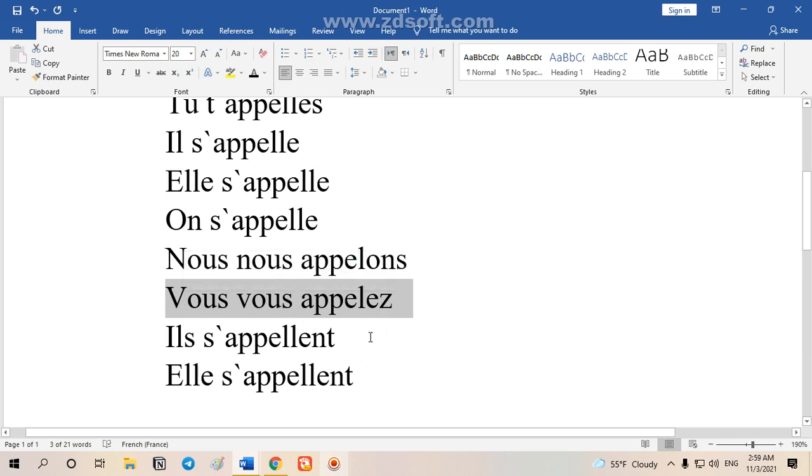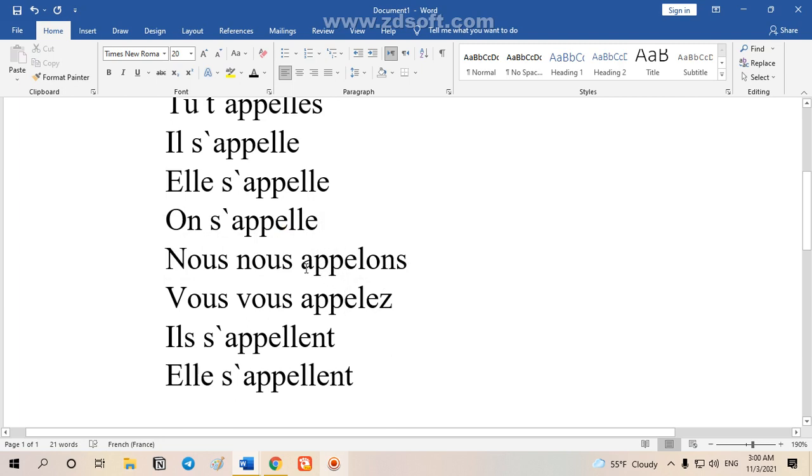Guys, you know why we say nous nous appelons? This is liaison. I told you about liaison before. Vous vous appelez, and here liaison is obligatory because it is between the subject pronoun and the conjugation of the verb.